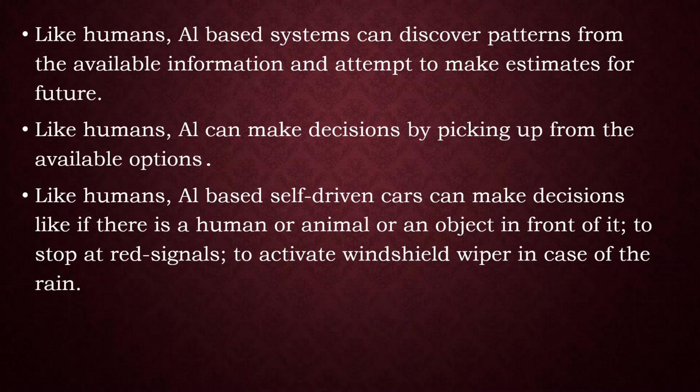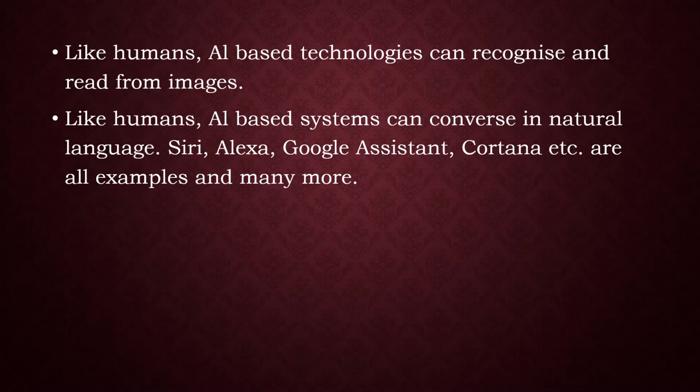Like humans, AI-based self-driving cars can make decisions, like if there is a human or animal or an object in front of it, to stop at red signals, to activate the windshield wiper in case of rain. Like humans, AI-based technologies can recognize and read from images. Like humans, AI-based systems can converse in natural language.